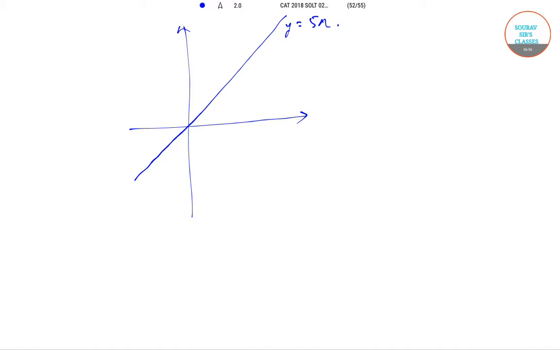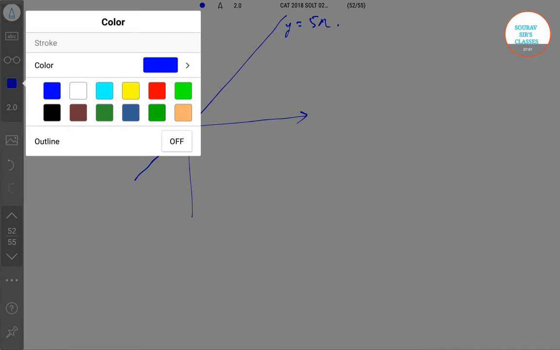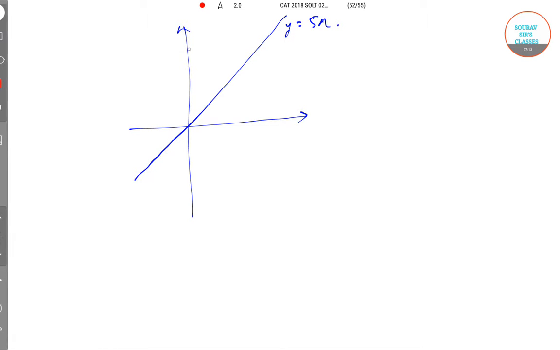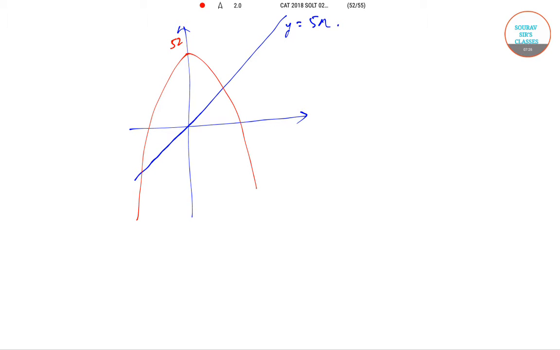Now we'll draw the line y equal to 52 minus twice x squared. For that I'll use a separate color. So let me take this color. Now 52 minus twice x squared. If this is y equal to 52, it would look somewhat like this. Okay, 52.